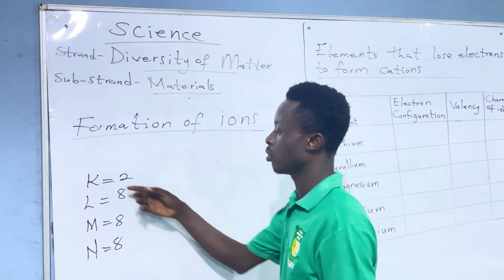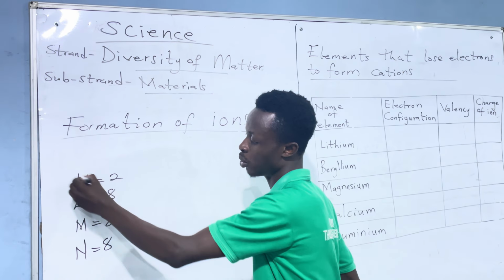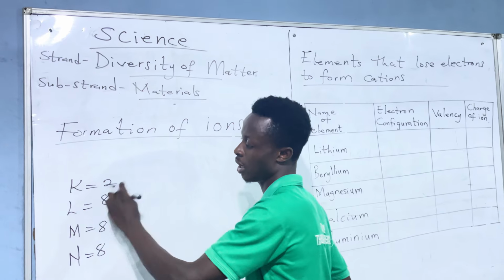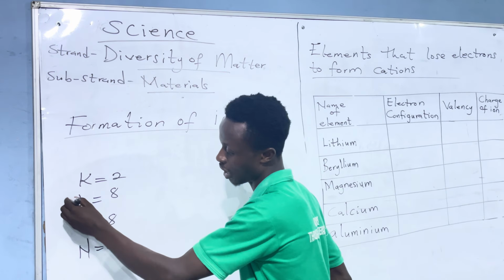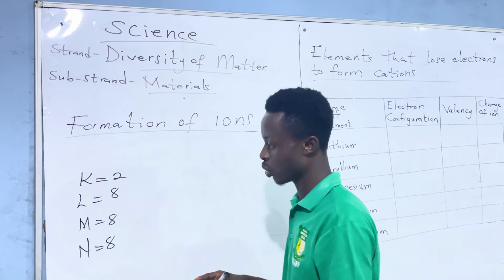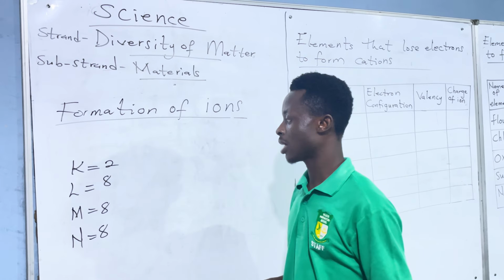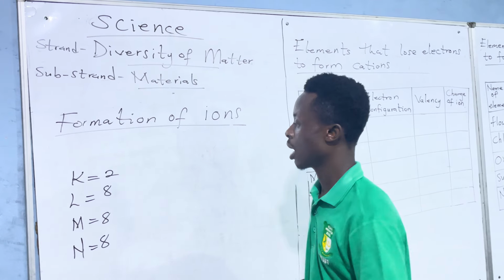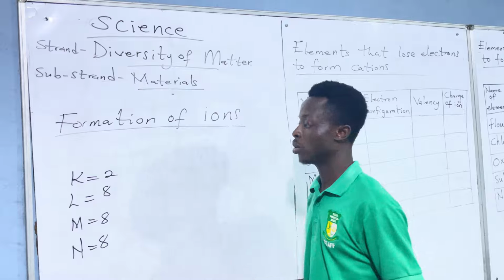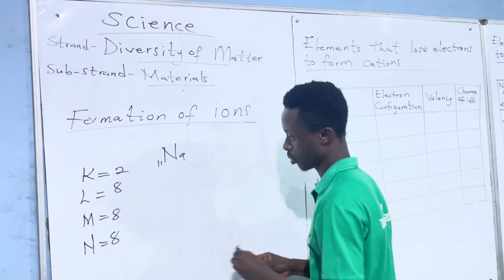When you are drawing the electronic configuration and the first shell has 2 electrons, it is stable. And if the L shell has 8 electrons, it is stable. So for us to understand how an atom forms an ion, let's look at the sodium atom.